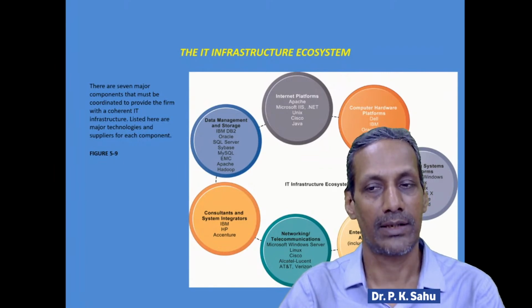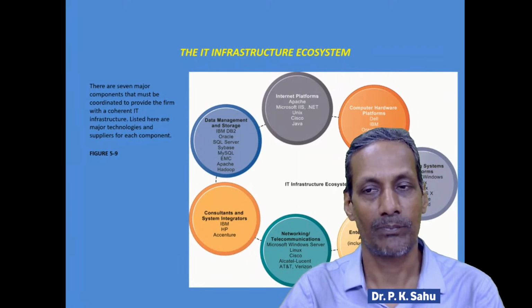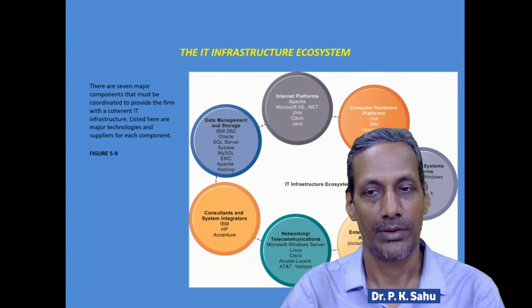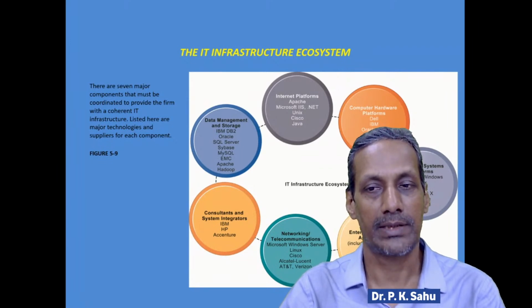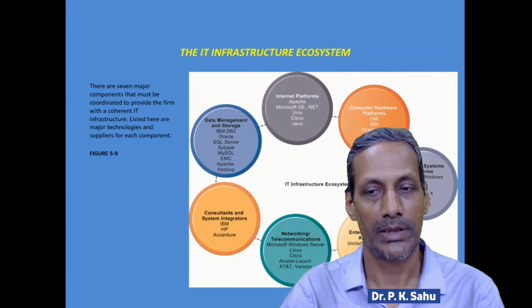Linux is an open source operating system, along with Android and iOS operating systems. These are some of the popular operating system platforms that are widely used in computer systems. You also have a set of enterprise software applications like SAP, which is the most popular one, along with Oracle, Microsoft, and IBM.